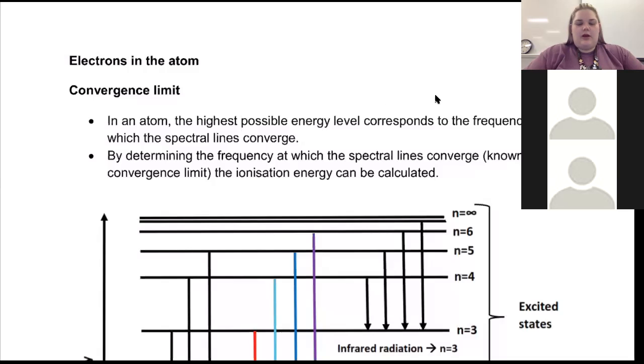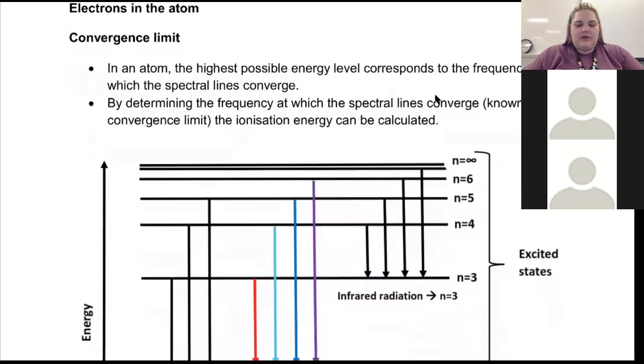Okay, so this kind of HL level stuff for atomic structure really just expands a little bit on the energy level things in the emission spectra that we looked at earlier this week, on Monday. Essentially, we get to what we call the convergence limit.